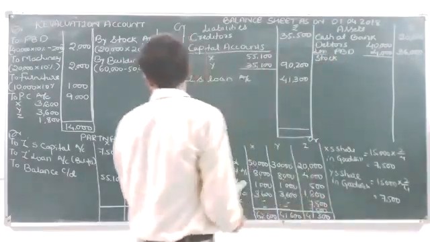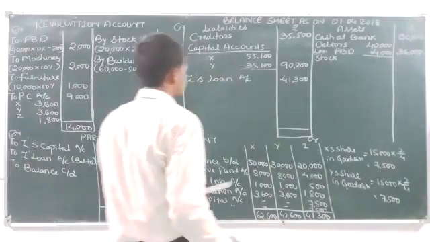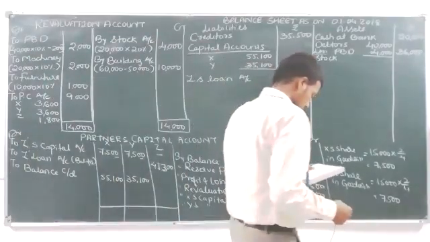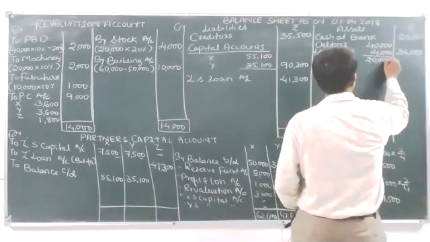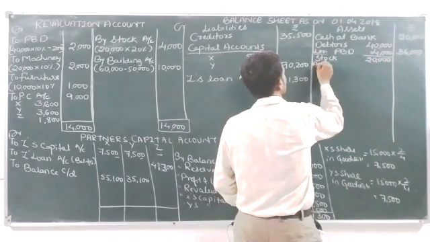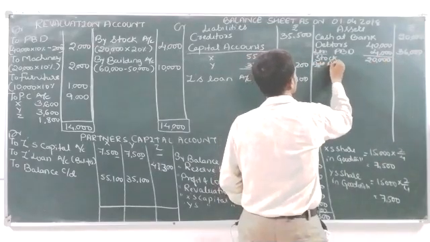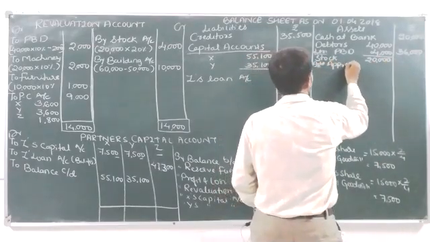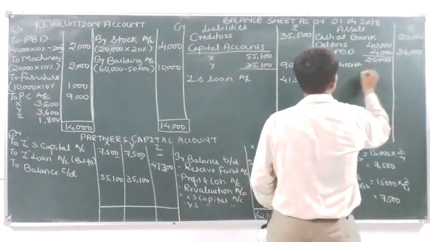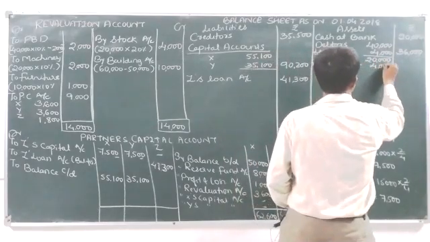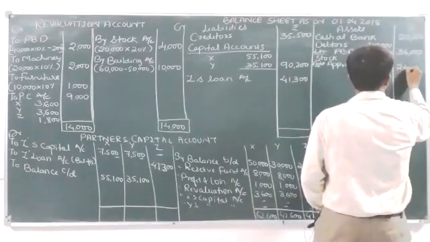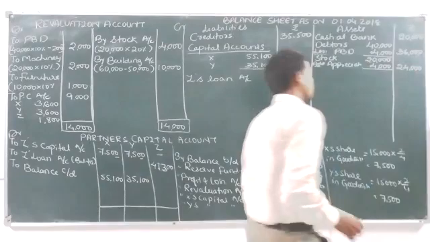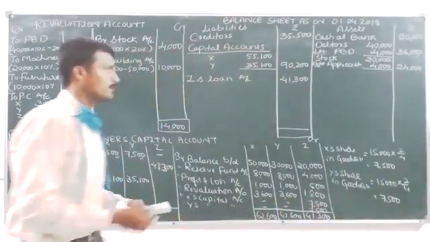Stock, I think there was an appreciation. Earlier it was 20,000. Add appreciation 4,000. 24,000.